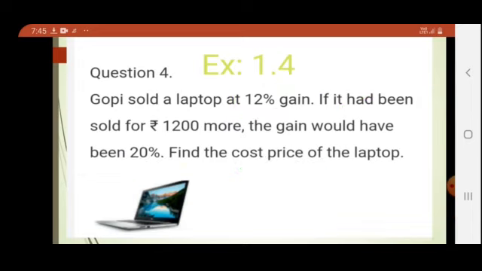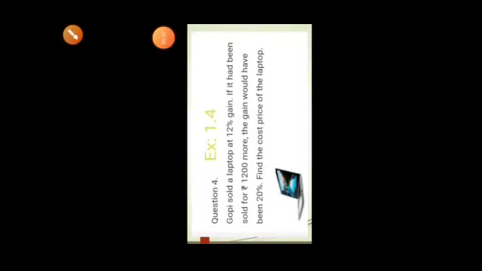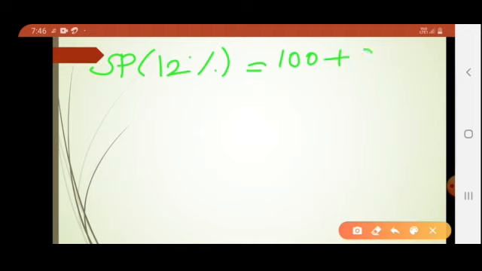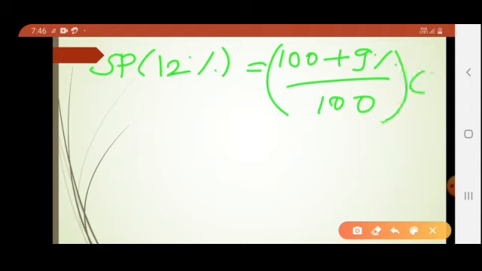So first we need to find SP for 12% and SP for 20%. We know the formula. When CP and gain percentage are given, what is the SP? SP when gain is 12% equals (100 plus gain percentage) divided by 100 into CP.